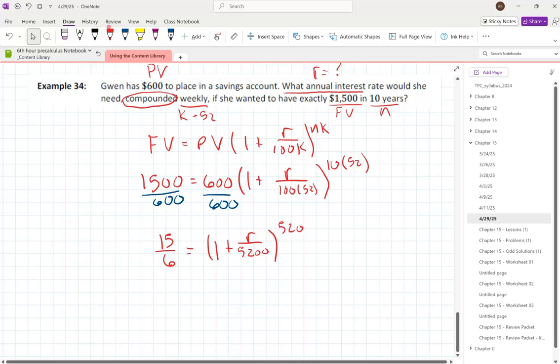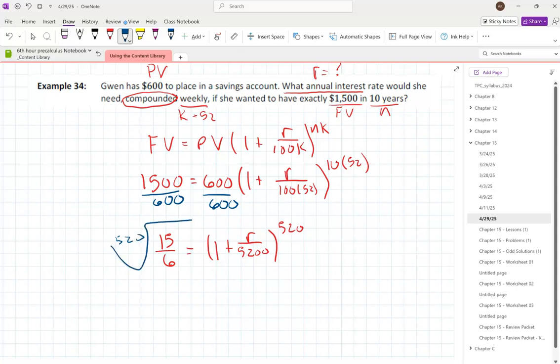I just dropped the zeros because it's less writing for me. Now, to cancel out that exponent of 520, what index does my radical need to have? 520. So I'm doing the 520th root to both sides.